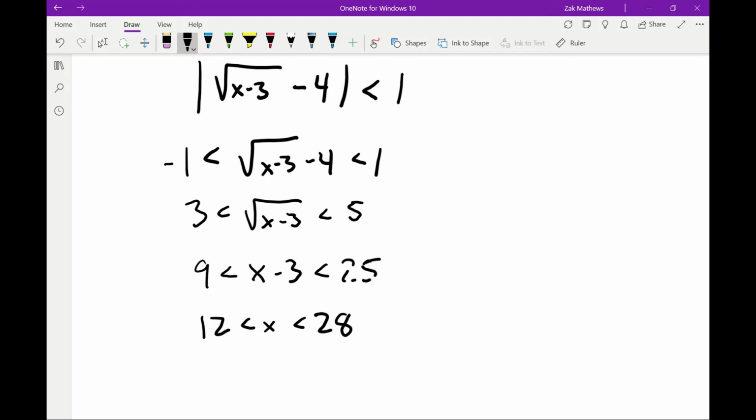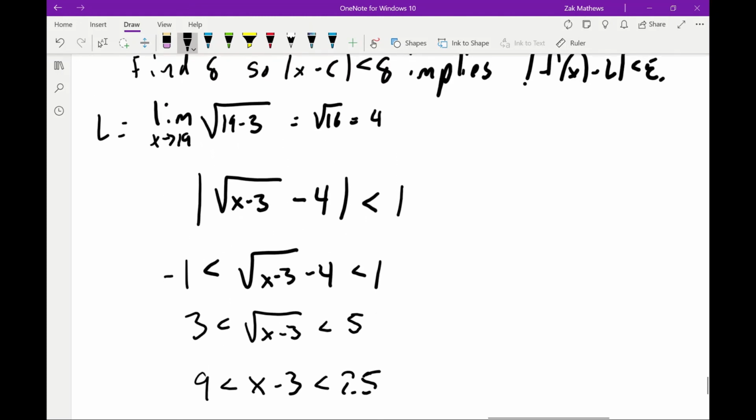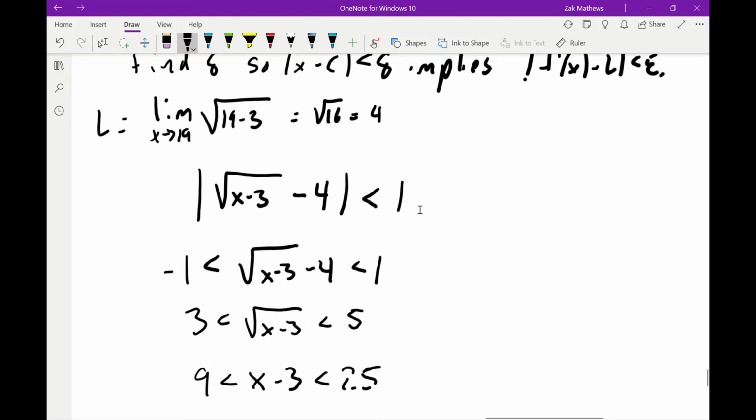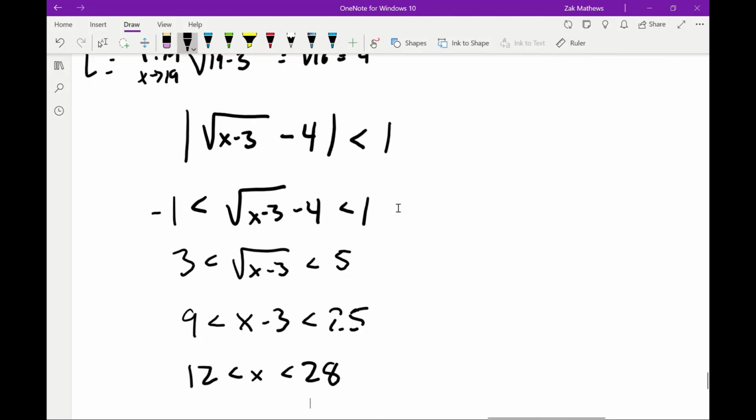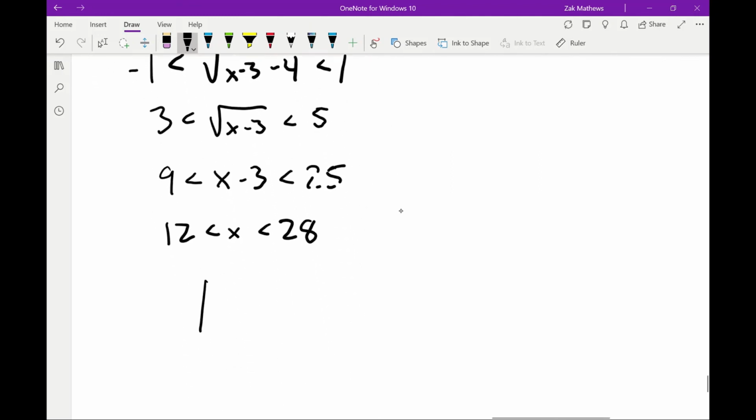That is what those x values are going to span. Now what we need to figure out is what the delta should be that will keep us inside of that epsilon region, so we never leave our function by more than 1. So I'm going to take the x, start with the 12, subtract off our c, which remember was 19. When we do that, we get a negative 7, but then it becomes a positive when we take its absolute value.